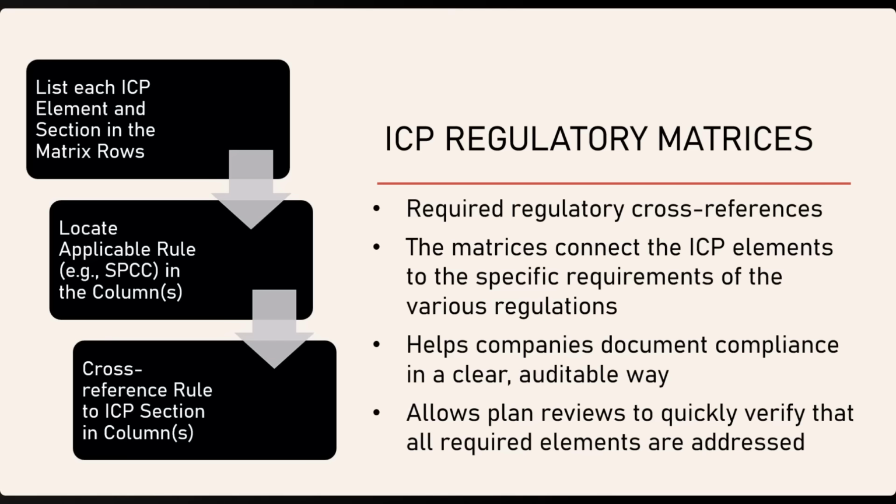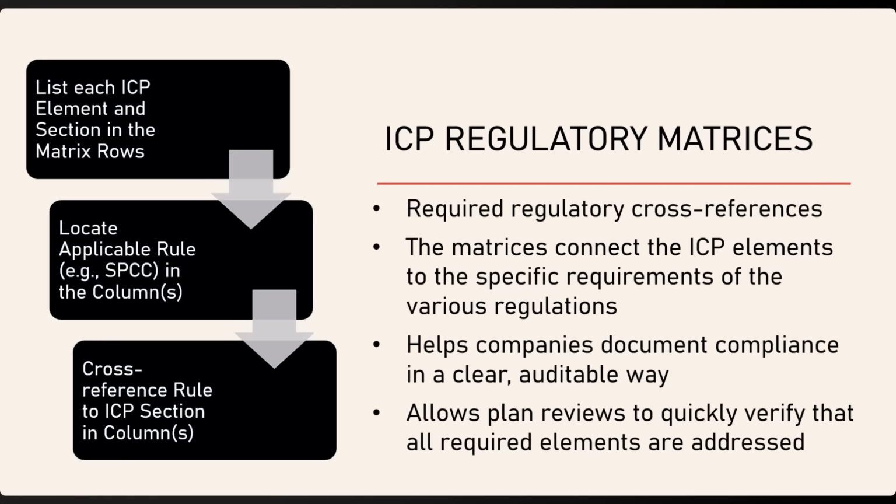The ICP requires that all the elements in the plan be mapped to the various regulations that the plan is intended to satisfy. In the ICP format, Annex 8 of the ICP outline is specifically entitled Regulatory Compliance and Cross-Reference Matrices. The ready-made cross-references included in the ICP guidance can be customized to fit a particular company's regulatory compliance needs.